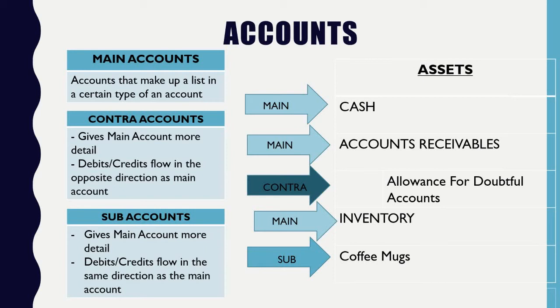Now, a sub account is kind of like if you're looking at a table of contents, right? You have the main chapter, and underneath it you have a section for each type of topic. This is very similar to that concept. The main account is going to be your broad organization, your broad term, or your broad folder, you could say. And your sub account is going to be the same thing, except it's going to be in more detail. So you're going to break it down even further.